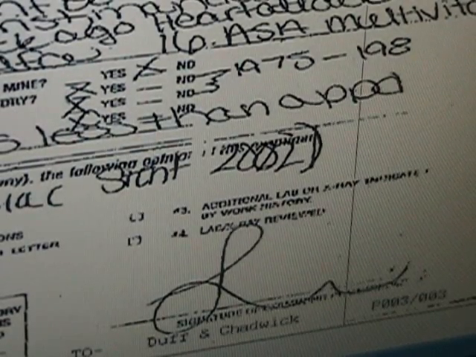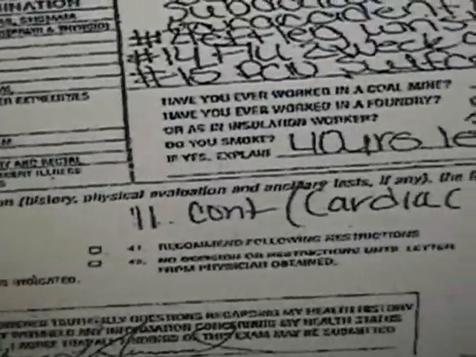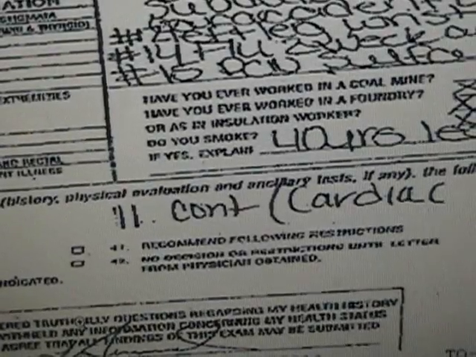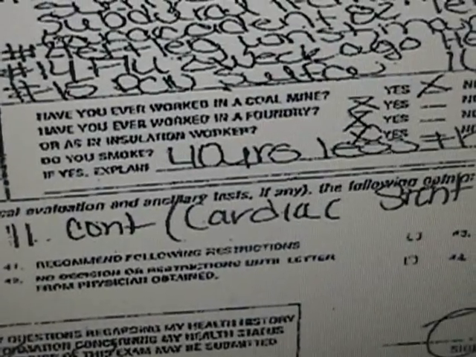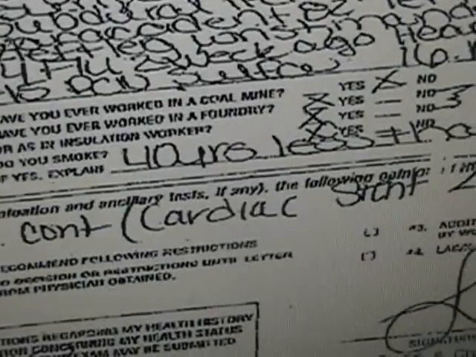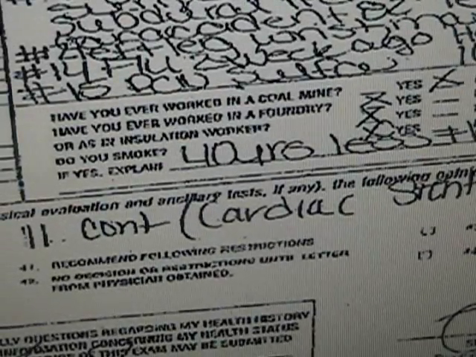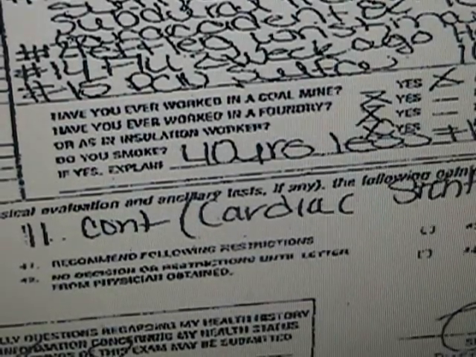And if you look down here, see this X right here? This means I'm qualified. Here, let me get over there. See that X right there? That means I'm qualified. Well, for 2 months I didn't know what that meant. So I called and asked. And she says, well, that means you're disabled. And it also says the long-term prognosis is not good.